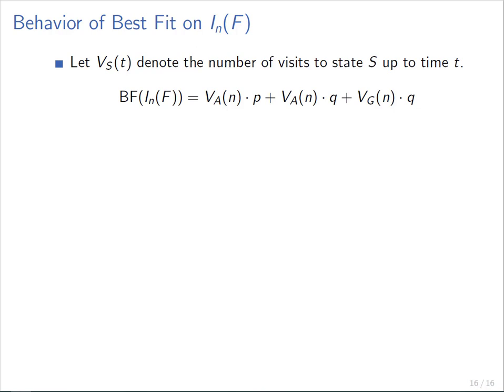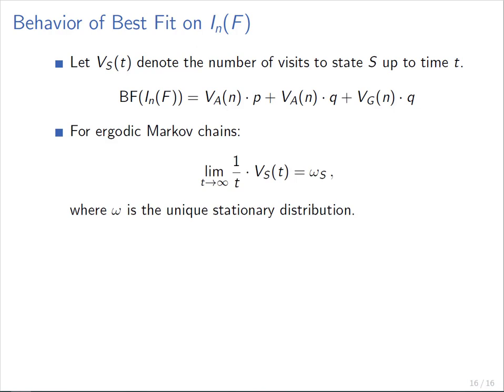So formally we define V_S(t) to be the number of visits to state S up to time t, and then we can express the number of bins used by best fit by this term, depending on the number of visits of states A and G. Now we can conclude the proof by using some result for ergodic Markov chains.